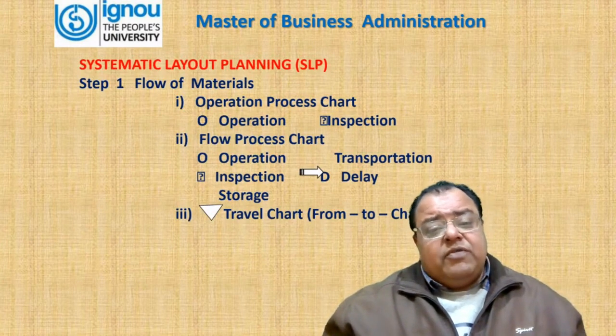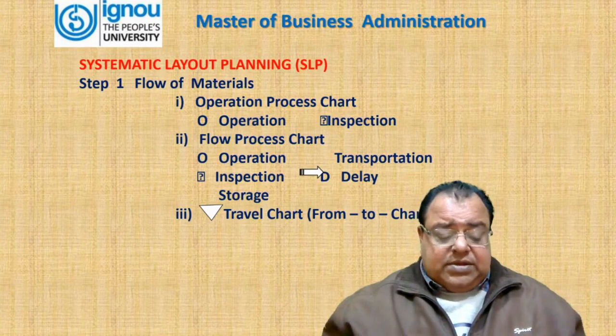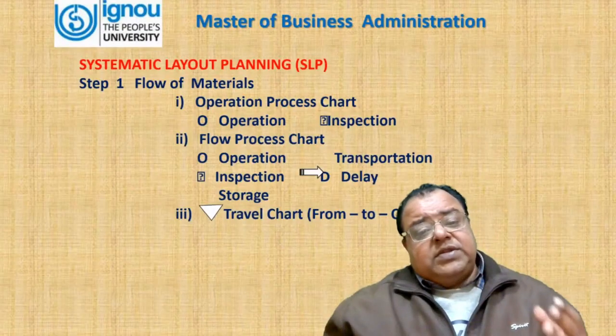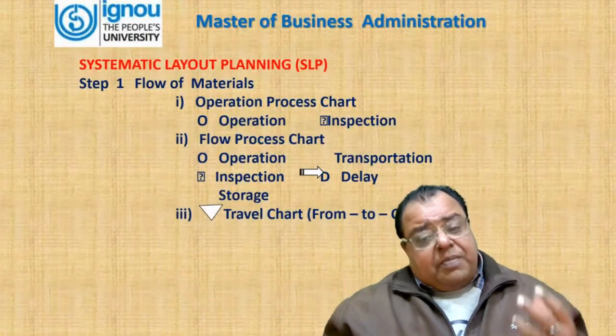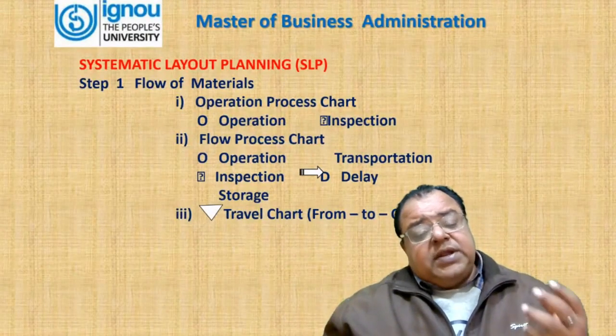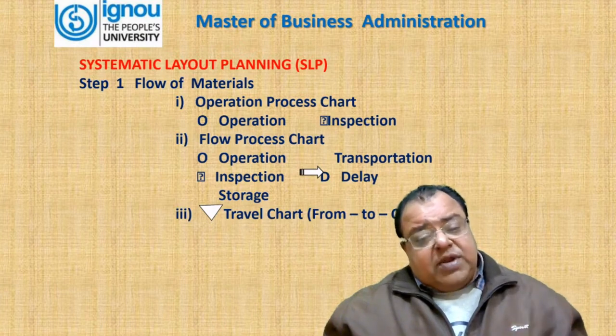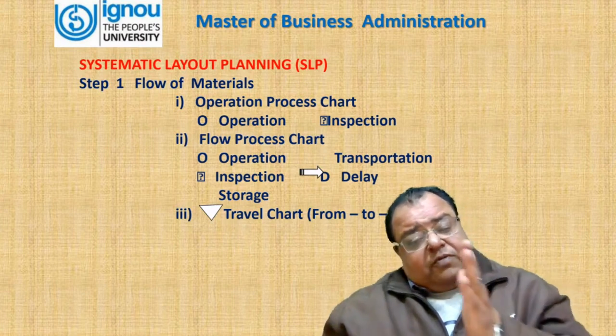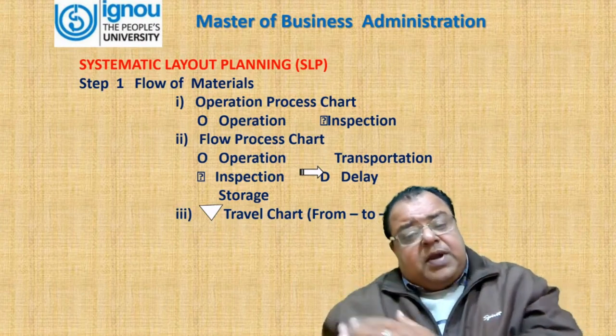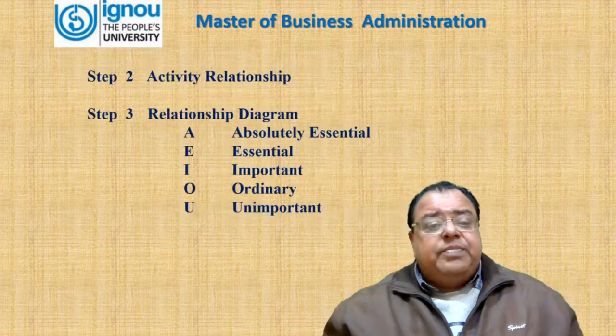Here, the flow of material is first. The second one is flow process chart, which is related to operations, transportation, inspection, storage, and delays. Third part is travel chart, from which part to the last part has to be included.